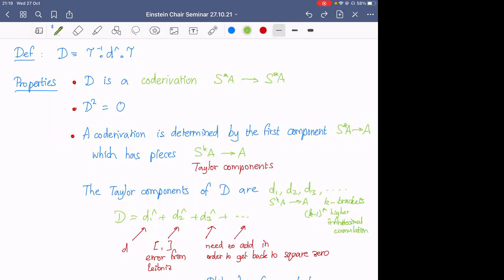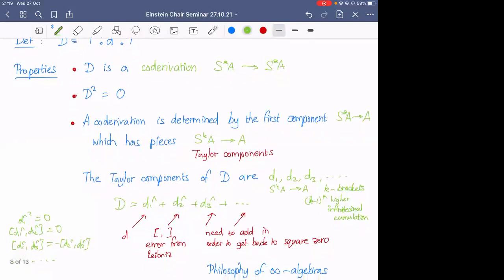For example, of course, D1 squared is 0. D1 commutes with D2. D1, D3. This is an odd operator, so we can break a bracket itself, and so on. So we have an infinite sequence of such things.